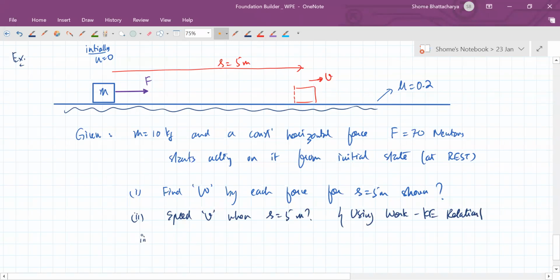And third, verify the value of v using kinematics.